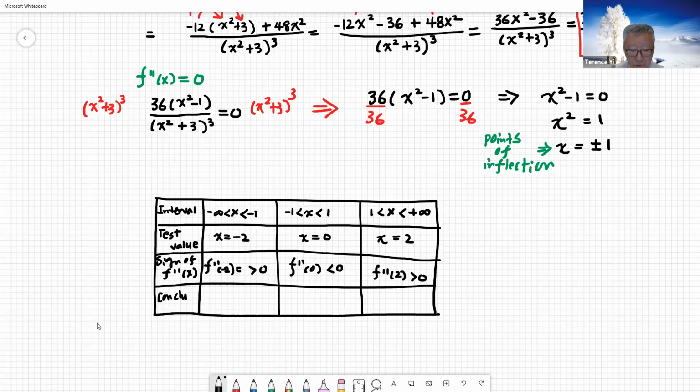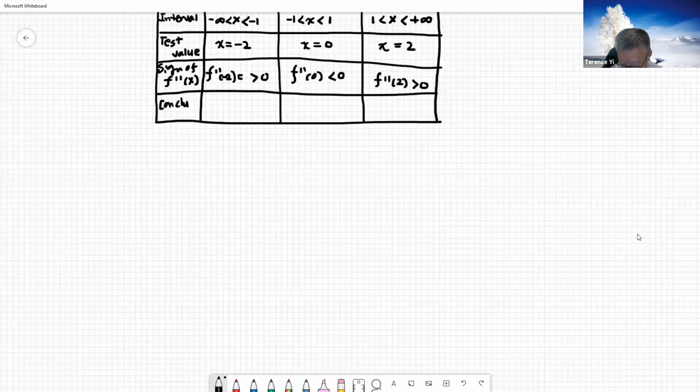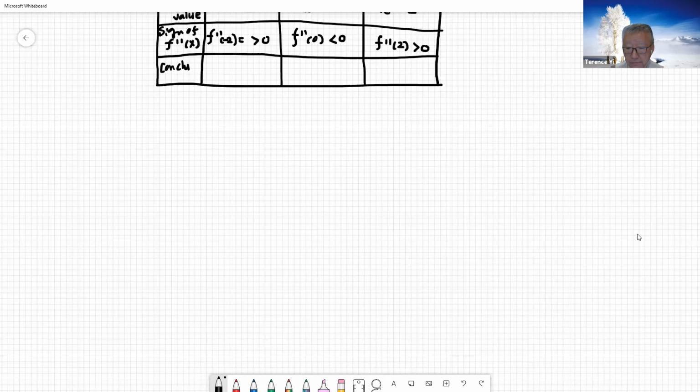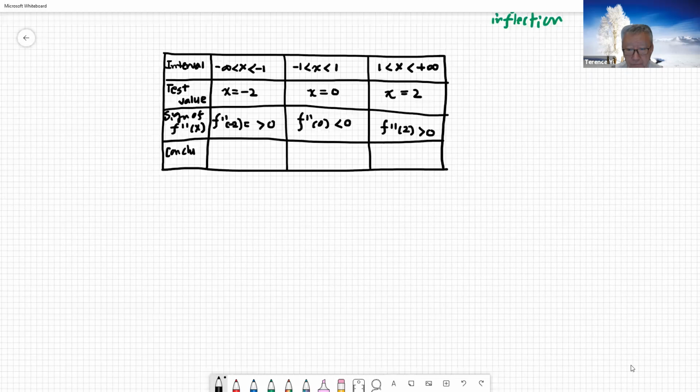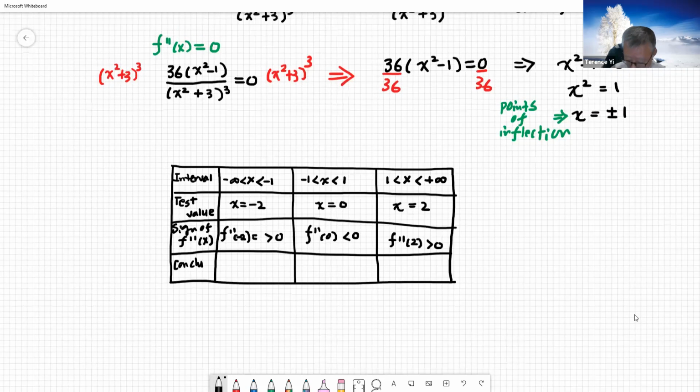So the conclusion here is that, if you go back to the definition of concave up and concave down, if f double prime of x is greater than 0, we know that it's going to be concave up.